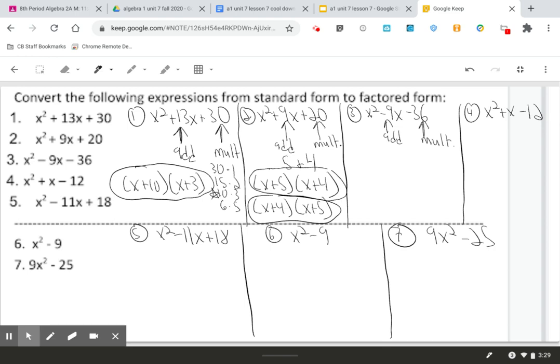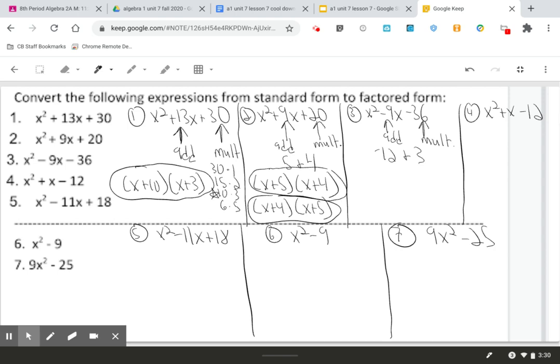So two numbers that add up to -9 and multiply to -36. This one is kind of tricky. If you have to list out numbers, just like I did over here, do that. But the two numbers this time are going to be -12 and +3.